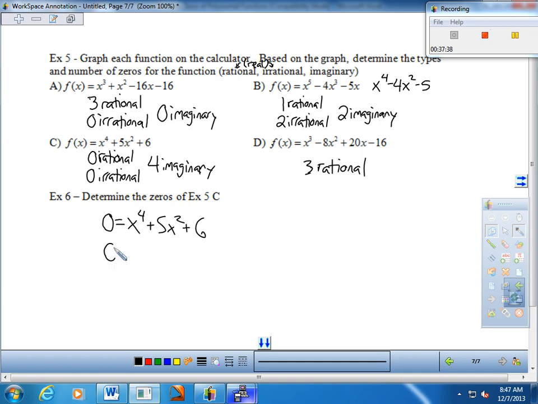So this one here, again, no help with synthetic, unfortunately, because there's nothing to use. But it does kind of factor. We've seen this maybe once or twice before, where it has that quadratic feel to it. So x squared and x squared. And then let's think about this. It looks like probably a 2 and a 3 on this end. 2 numbers that multiply to 6 and add to 5.